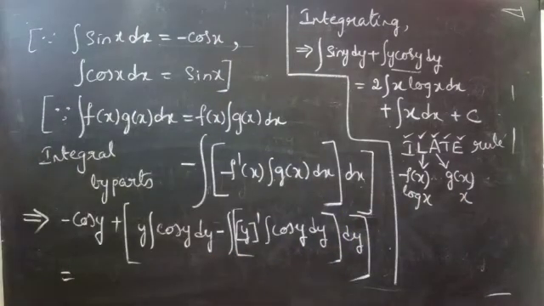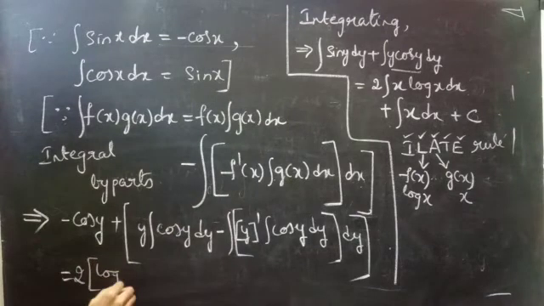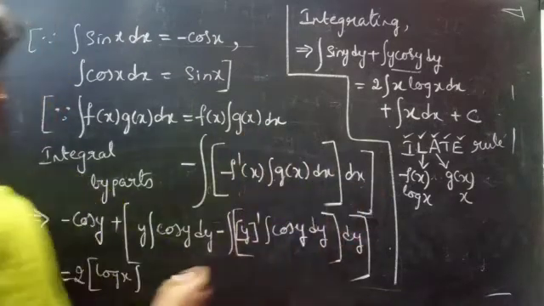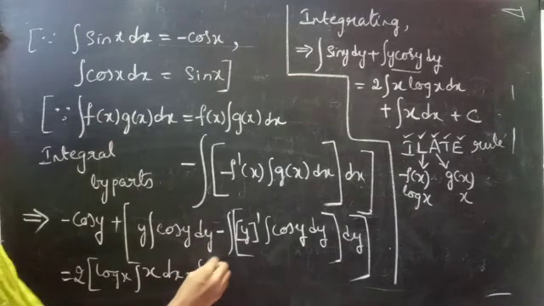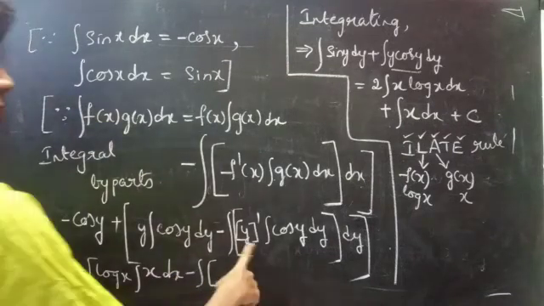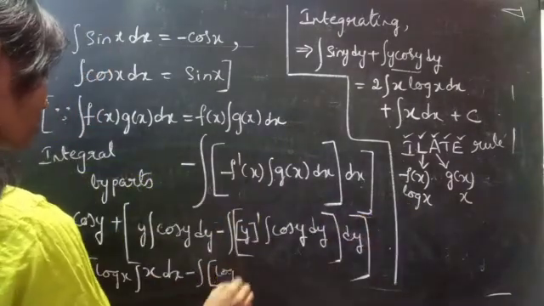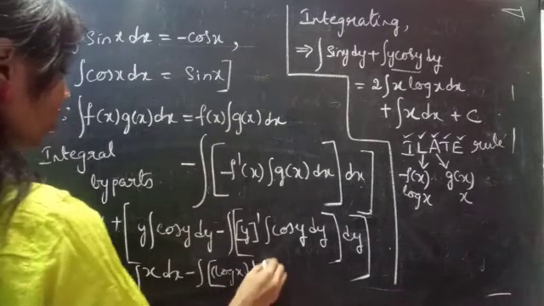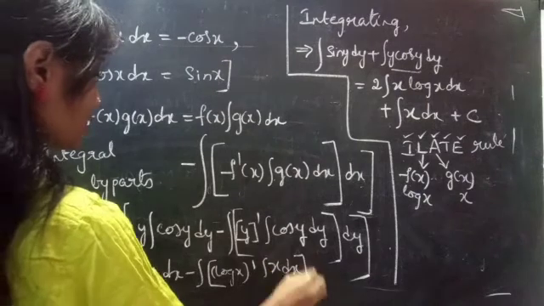So this is equals to 2 into f of x, log x, into integral g of x, which is x dx, minus integral of f dash of x, that is log x whole dash, into integral g of x, x dx, into dx.